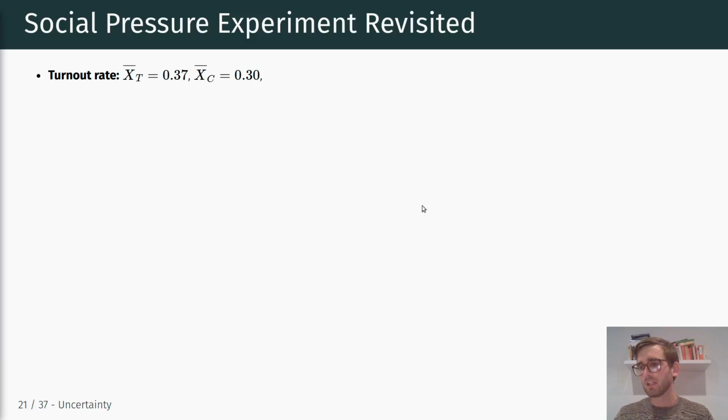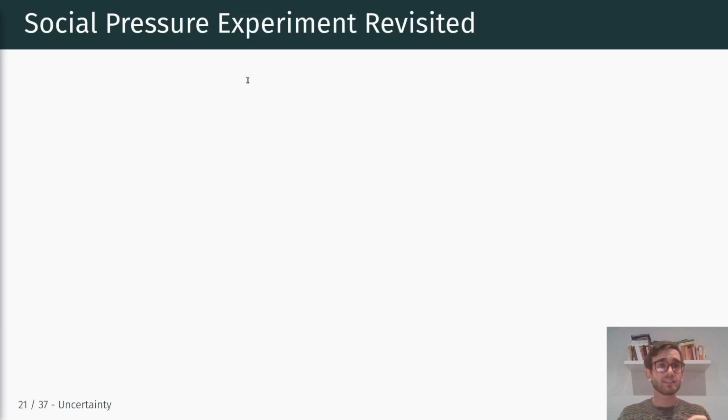If you go back to this example, we observed an average turnout rate in the treatment group of 37% and an average turnout rate in the control group of 30%. Now the question is, of course, whether these differences are actually significantly different from each other.